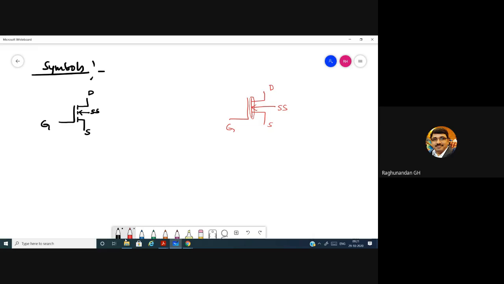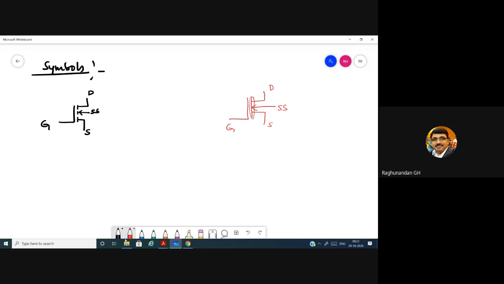Gaps indicate that the source and drain are not permanently connected. Okay, this is the symbol. This difference you should know. Purposefully in viva, they'll ask you to write the symbol for E MOSFET, D MOSFET, and they'll ask what you can understand from this.